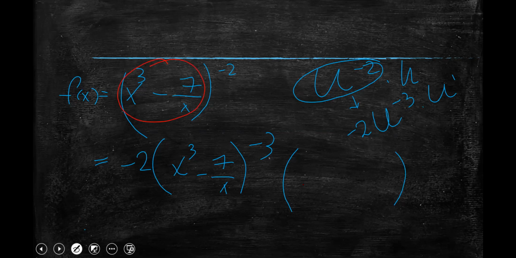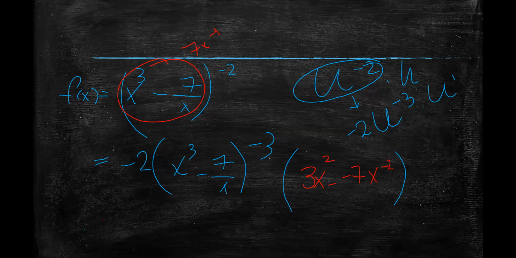So it's negative 2, the function raised to the power negative 3, times the differentiation of the function inside the bracket. The derivative of x cubed is 3x squared, and the derivative of minus 7x to the power negative 1 is plus 7x to the power negative 2.